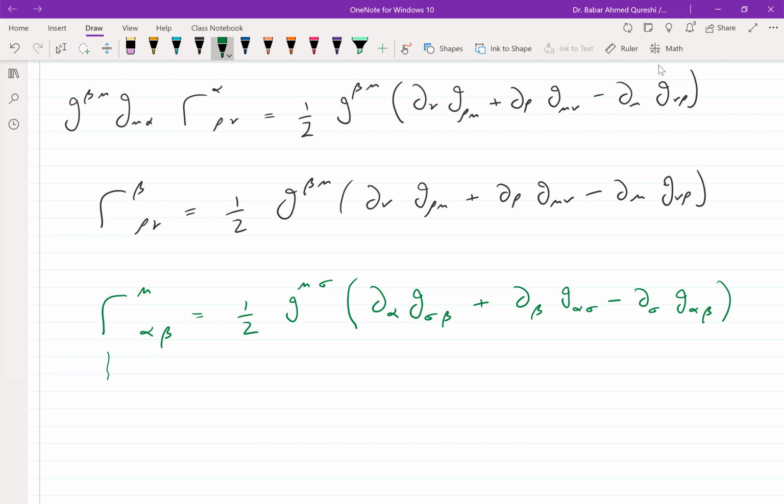So these are the Levi-Civita connection coefficients, which are defined uniquely in terms of the metric.